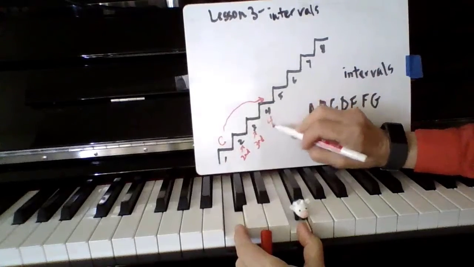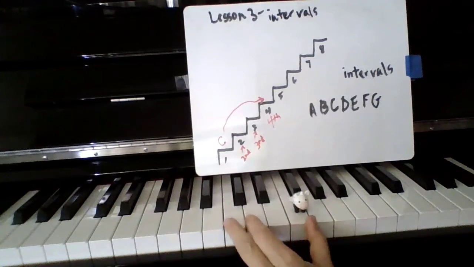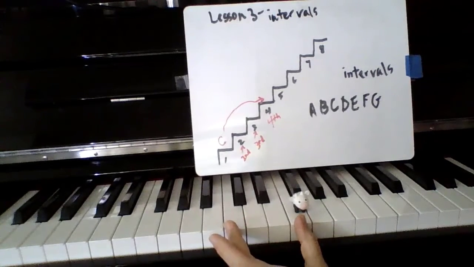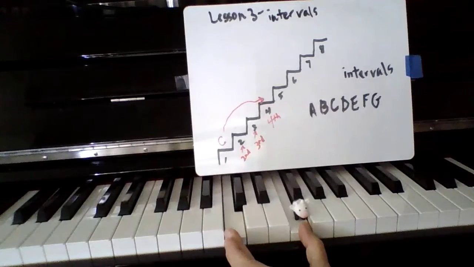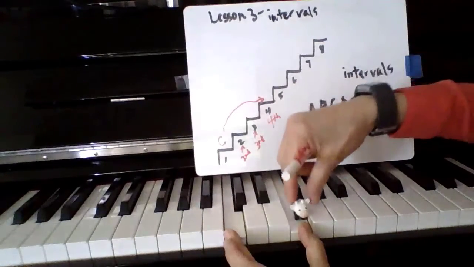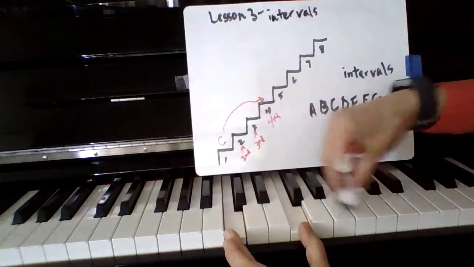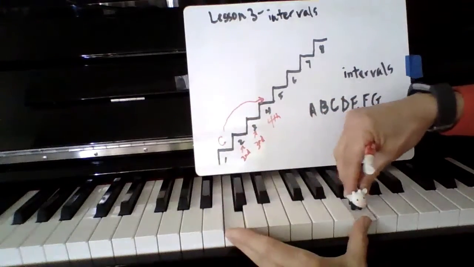So you can see what's happening here, I'm sure. The number of steps from the starting note to where he ends up is the interval. And that basically just means the space between the starting note and where he ends up. So we usually talk about intervals going all the way up to the seventh.